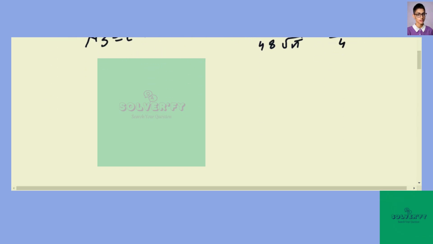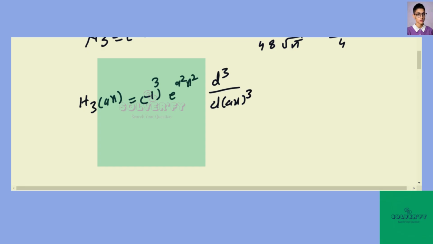And hence H3 of ax is equal to (minus 1) cube e to the power a square x square, and this is d cube over d(ax) cube of e to the power minus a square x square, and finally this H3 of ax is equal to 8a cube x cube minus 12ax, right?